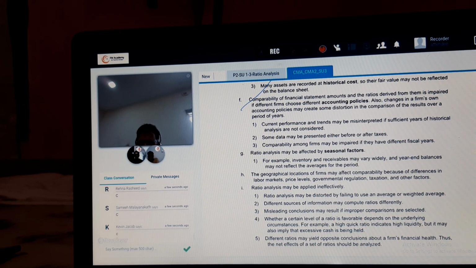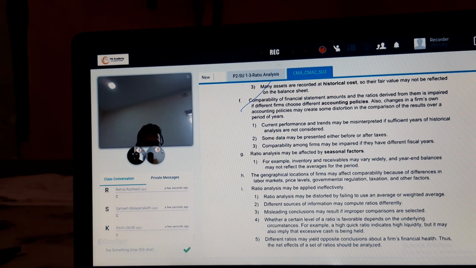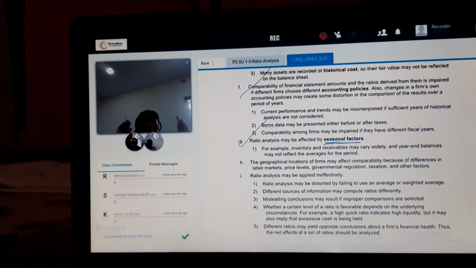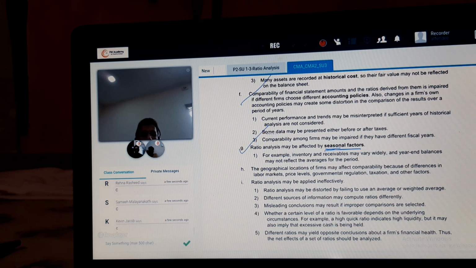But certain industries, like financial institutions, would need even a daily average to find the cost of funds percentages. So ratio analysis is affected by seasonality, so you need a more involved average to take care of this. And then comparison between geographical regions will be distorted by the taxation impact, the availability of labor, all those factors, so you should know about that.